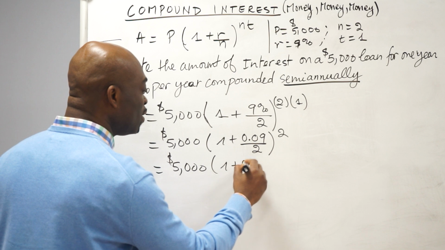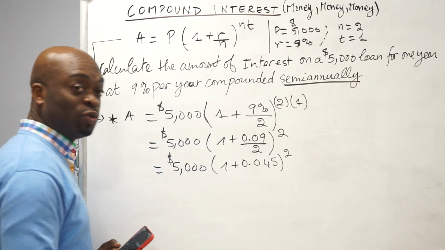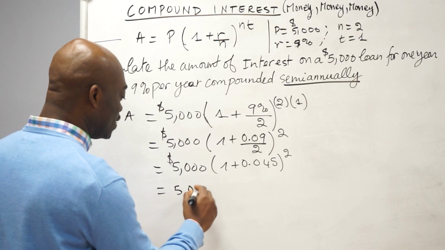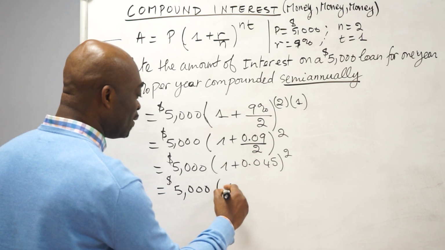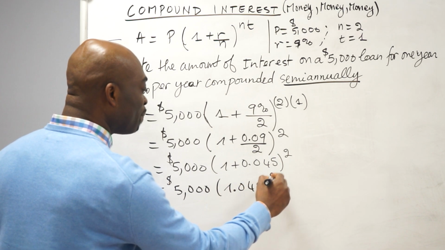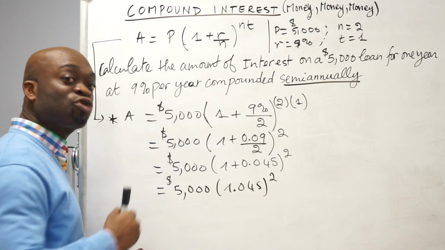So it's 1 plus 0.045, then still to the power 2. Adding these together, we get 1.045 to the power 2.